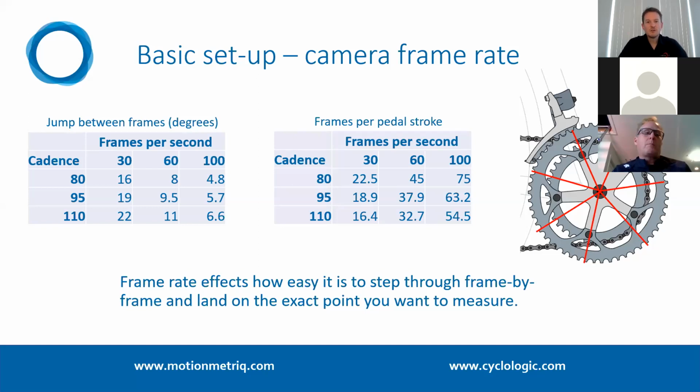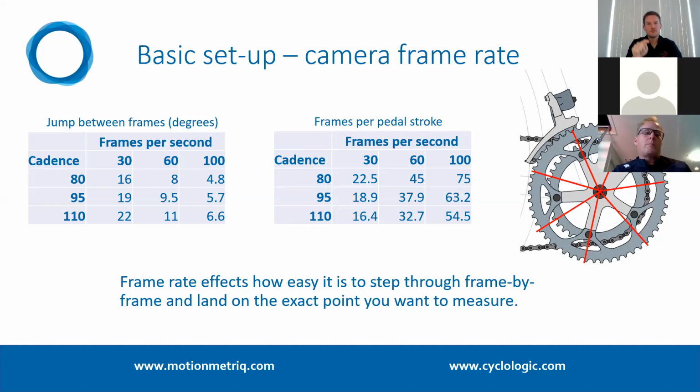So what we're trying to get across with this is that the slower the frame rate, the bigger the jumps between the frames in terms of the pedal stroke. So for example, if you're only running a 30 frames per second camera, like the webcam I'm using for today's webinar, and you get a client in who's a really high spinning athlete up at around 110, then there's going to be 22 degrees between each frame.